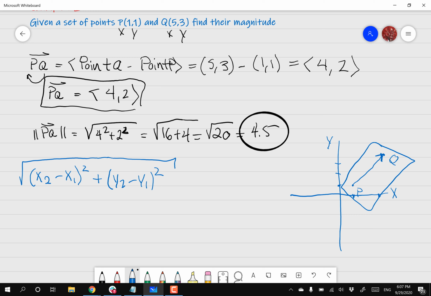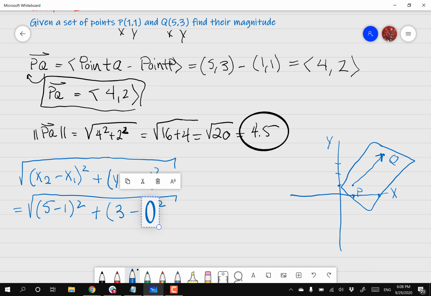So that's going to be the square root of x2, which is 5, minus x1, which is 1, squared, plus y2, which is 3, minus y1, which is 1, squared.